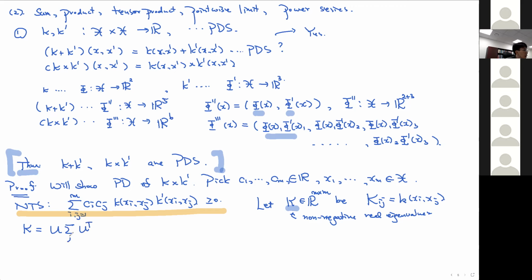And sigma is a diagonal matrix with non-negative entries.